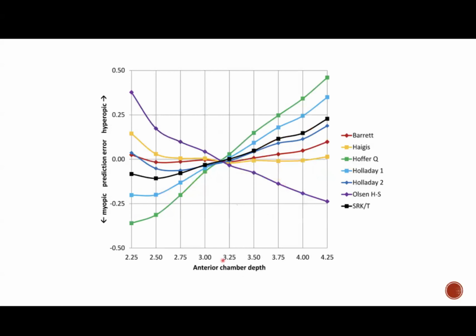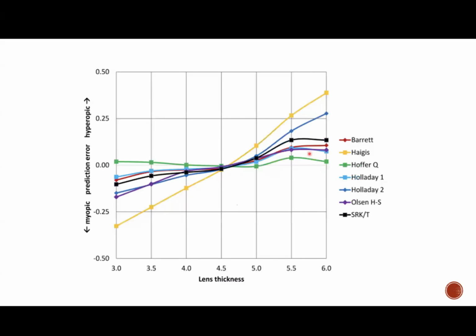And this is against different anterior chamber depths. Again, Barrett Universal 2 is doing a favorable job for us. And this is against the lens thickness. Again, the same thing: Barrett Universal 2 is with us for all the measurements. So as the name says, Barrett Universal 2 is a universal formula for all of us to access.